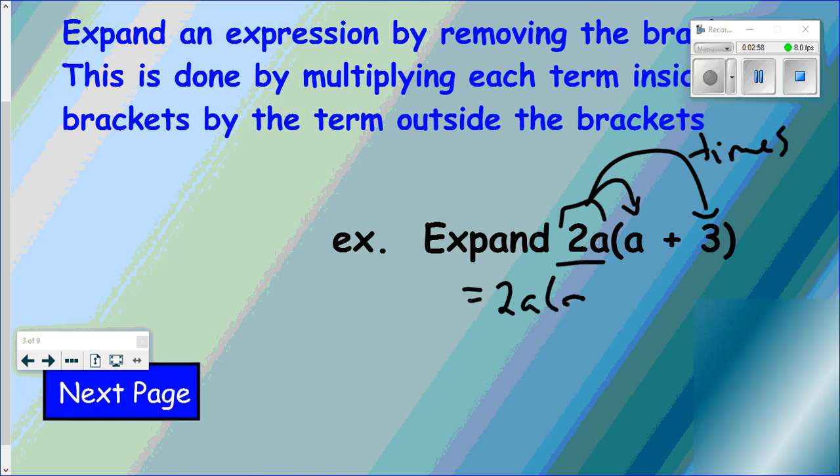Now, you don't have to include this step. I'm just showing, since it's a plus 2a, it's a plus. I'm just showing how we come up with that next line. A times a is a squared. And we are done. A squared is not the same as a, so we can't combine them.